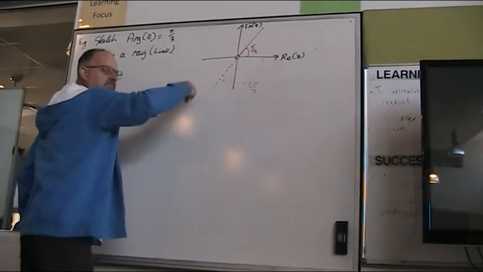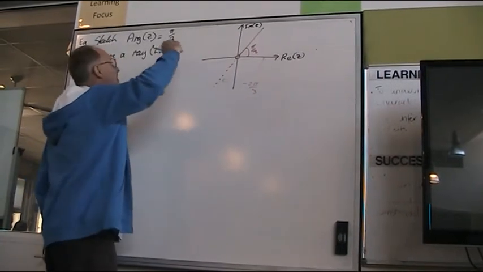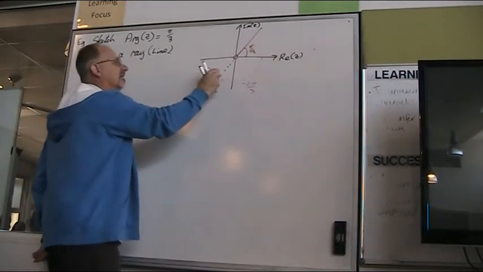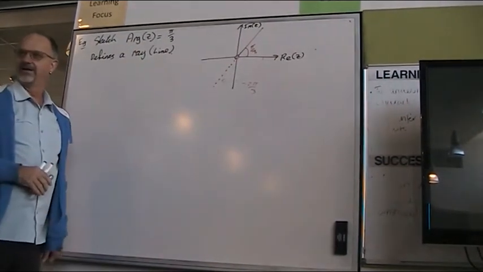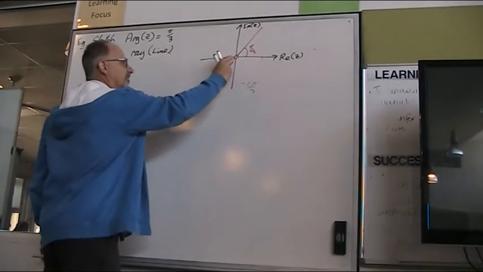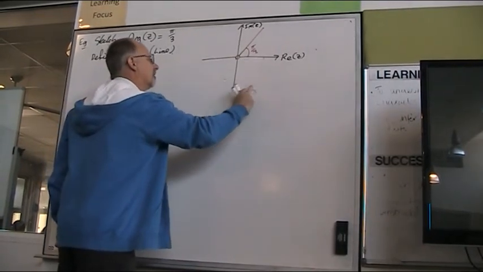Yes, that's 180 degrees or pi the opposite direction, but in terms of our definition for arg, to get to there, we've got to go negative 2 pi on 3, don't we? So that's not included. Get rid of it.